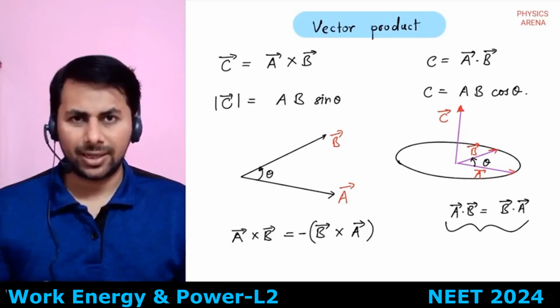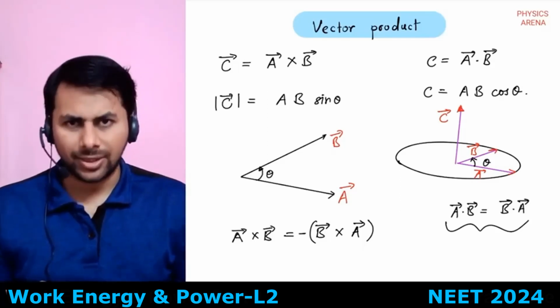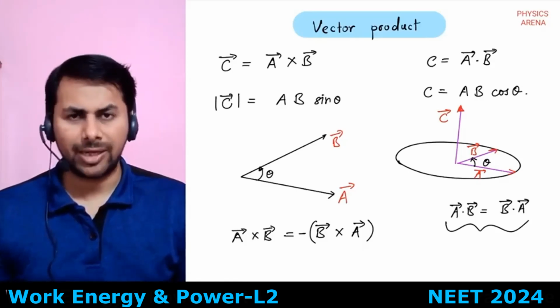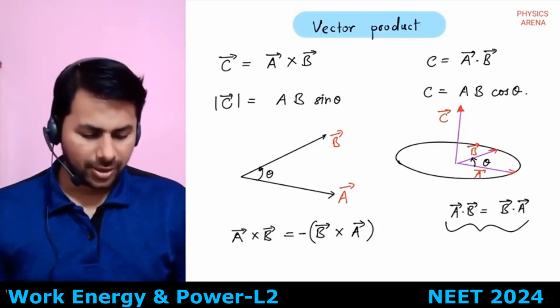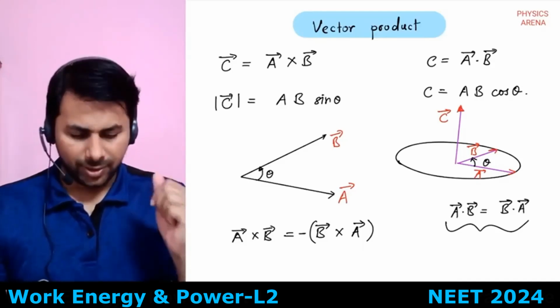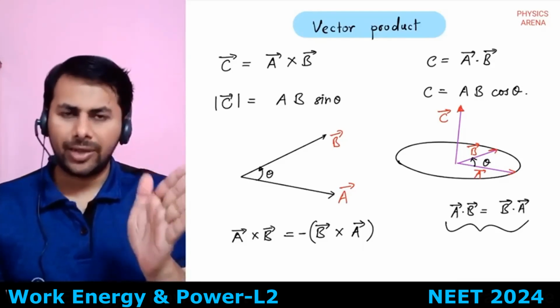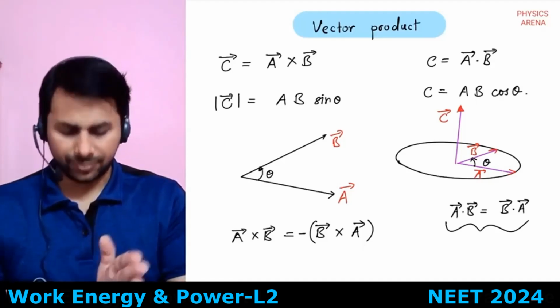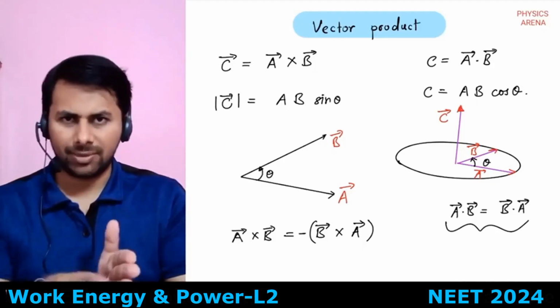So how do we find its direction? To find the direction, we make use of the right hand thumb rule. So what is the right hand thumb rule? Take your right hand and put all the fingers of the right hand in the direction of the first vector, that's along a bar.